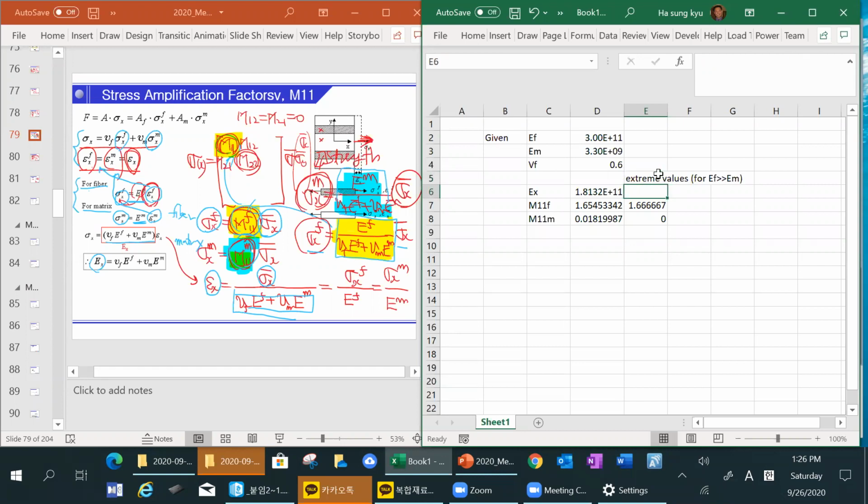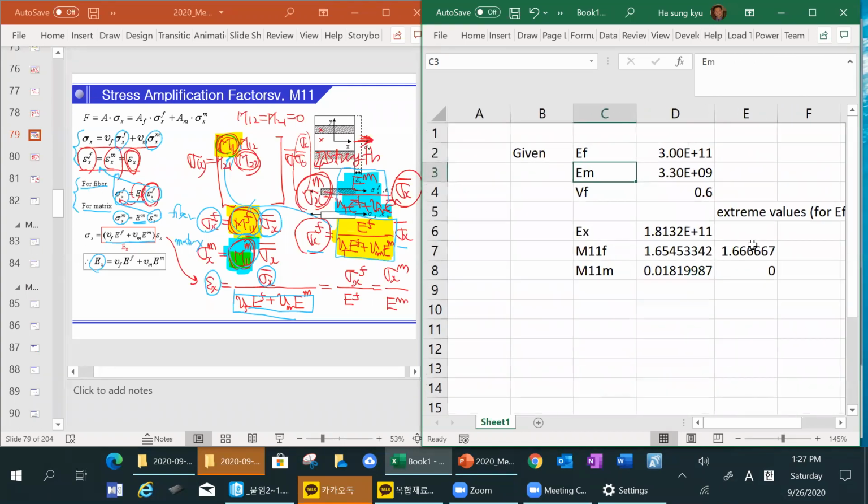That's usually what's happening in composites. So for the stress amplification factor, if you don't know the material properties of the fiber and matrix, you simply say the inverse of the fiber volume fraction. And there's no stress transfer to the matrix.